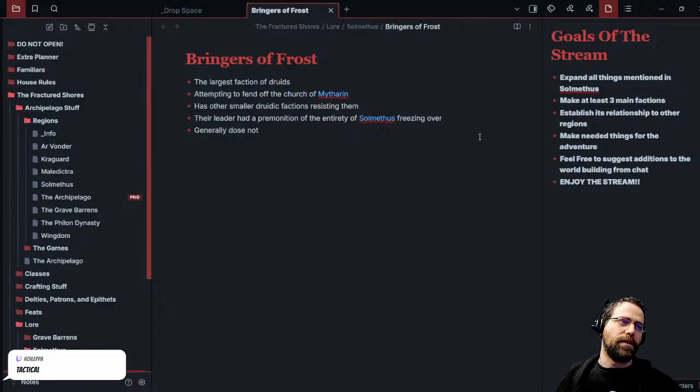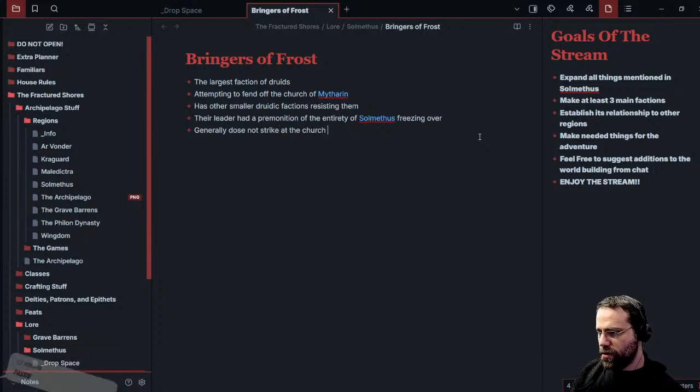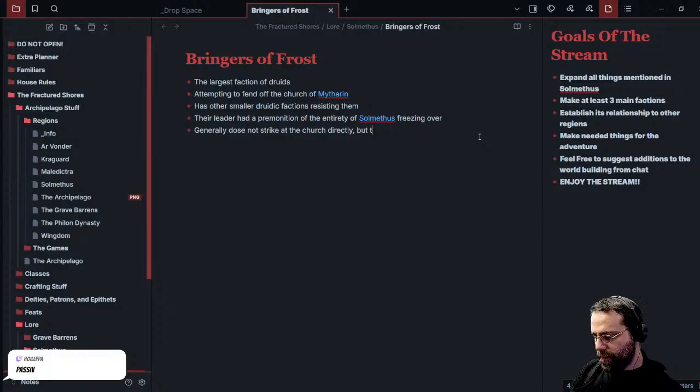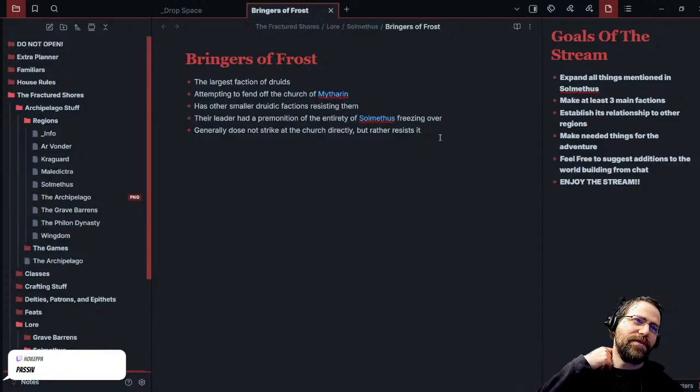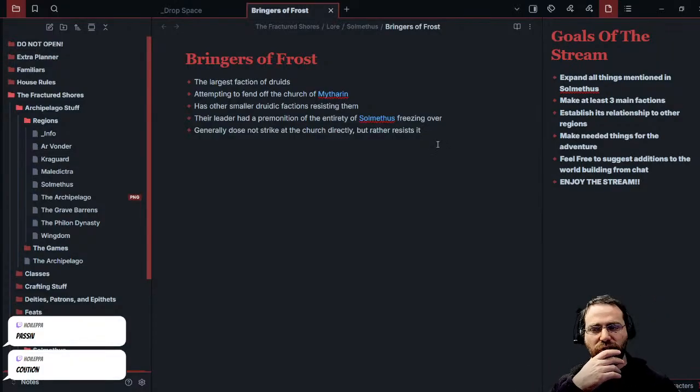It would be more like the Iron Cardinal. Generally does not strike at the church directly, but rather resists it. I don't like the word passive, because passive implies that it doesn't really do much.